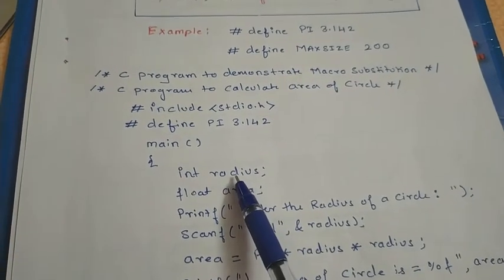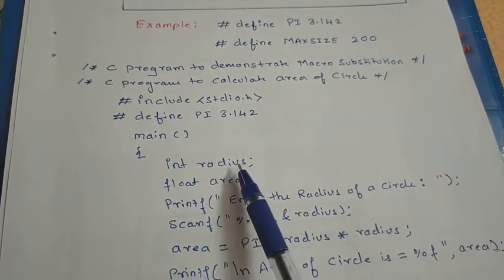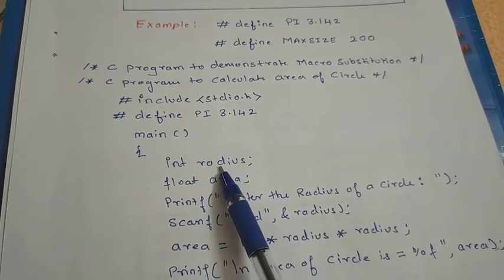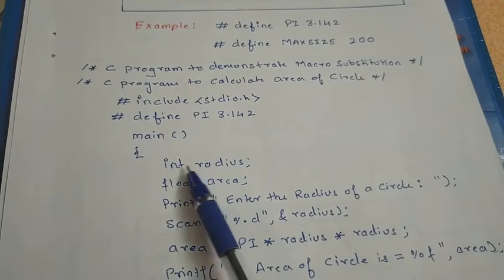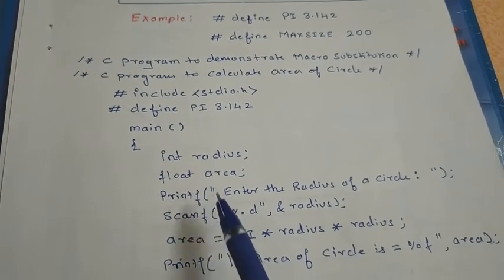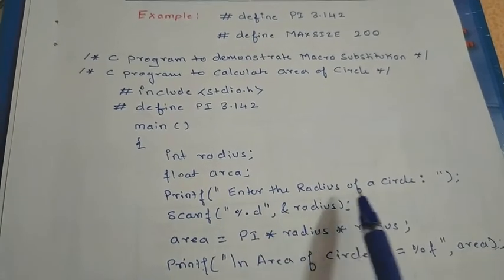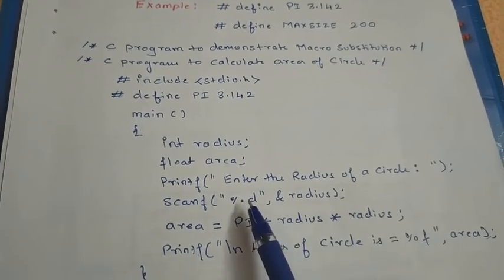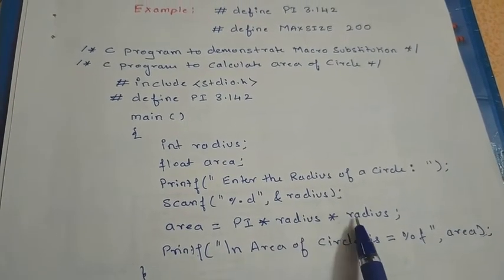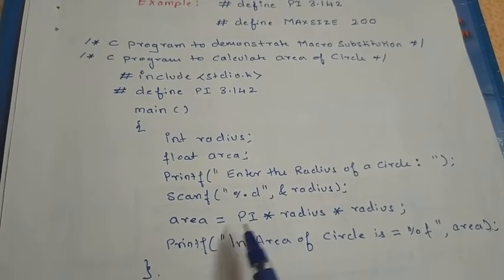The program is for calculating the area of a circle. Radius is a variable that I have declared of type integer. Area is another variable of type float. I ask the user to enter the radius of a circle. Once the scanf statement reads the radius, the value is replaced in the formula to calculate the area.